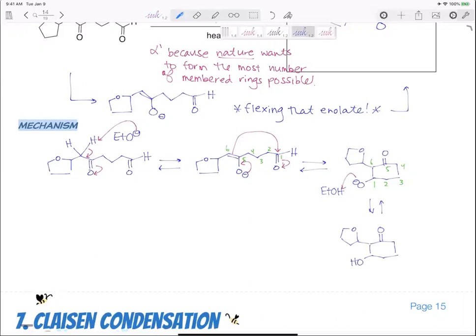Okay, now, are we done? No, right? Don't forget, this is a thermodynamic reversible base. So thermodynamic means that the methoxy group, in this case, is going to go back to grab this proton to form another enolate.